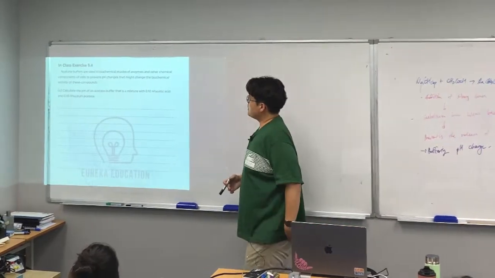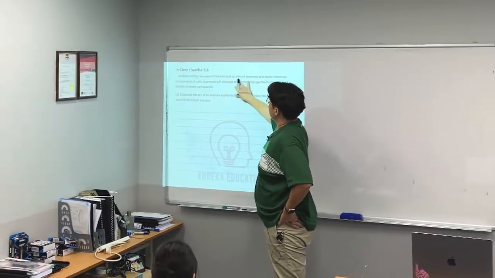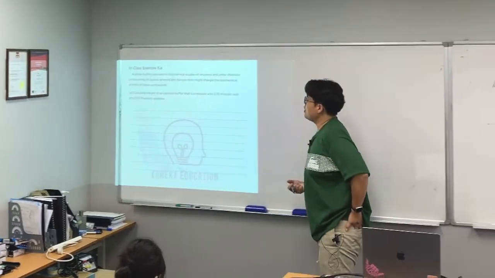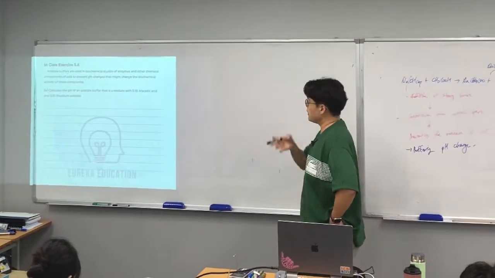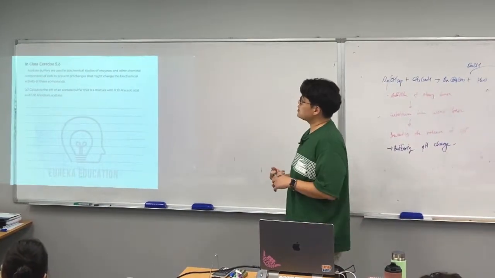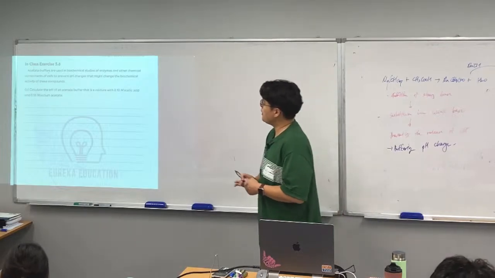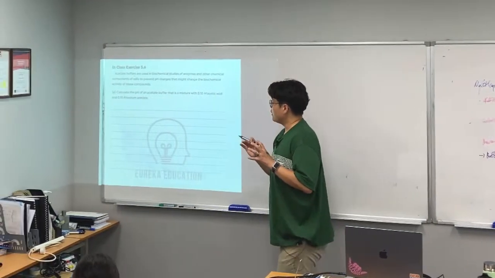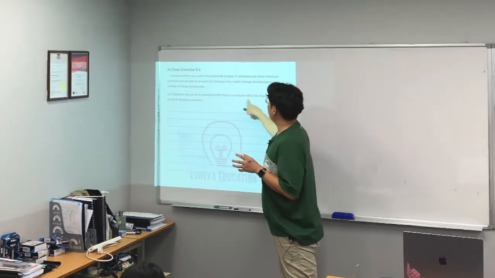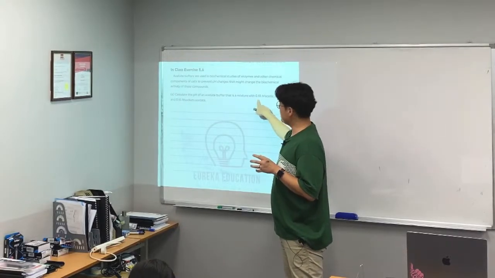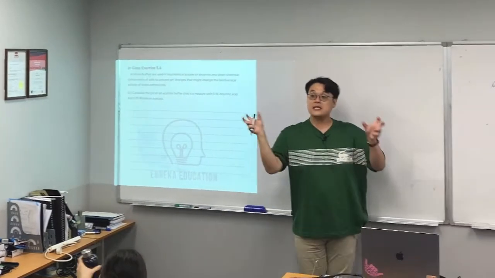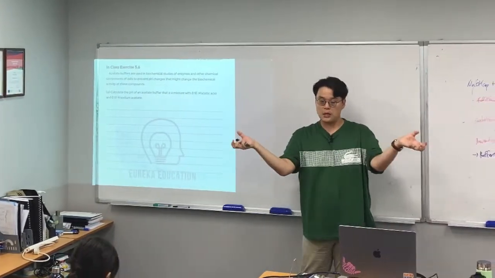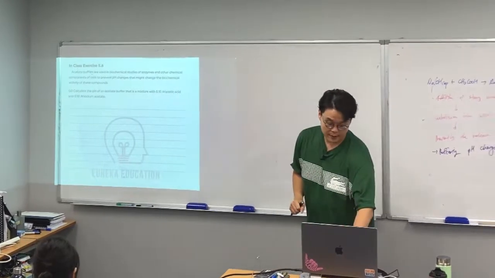Acetate buffers are used in biochemical studies of enzymes and other chemical components of the cells to prevent pH changes that might change the biochemical activities of these compounds. So we have a mix of 0.1 mole acetic acid and 0.1 mole sodium acetate. We're preparing two solutions and mixing them together.